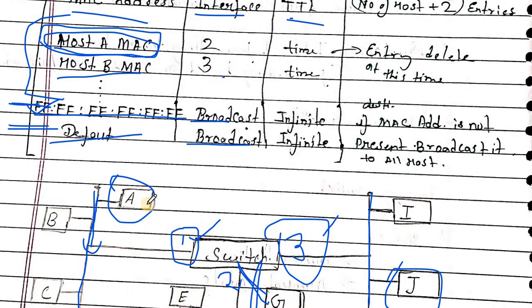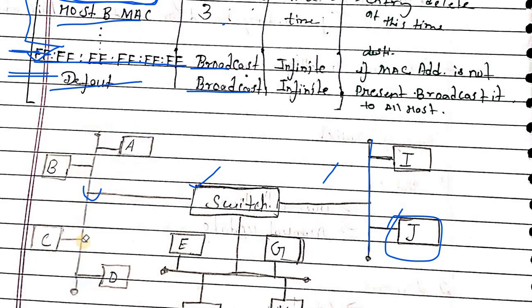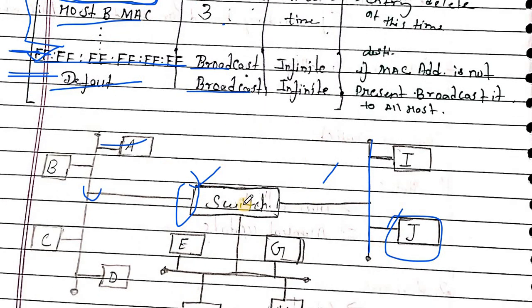Now in case 3, if A wants to send the frame to all the connected nodes, then when it sends the frame, the switch checks the source MAC address, source MAC address A, then checks the destination MAC address.